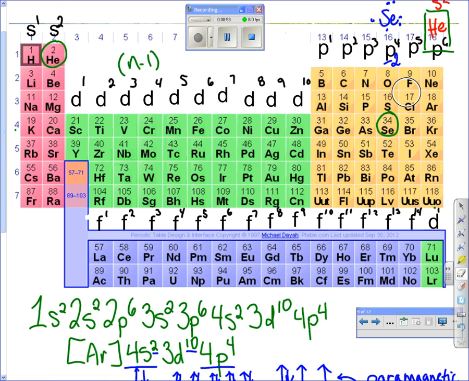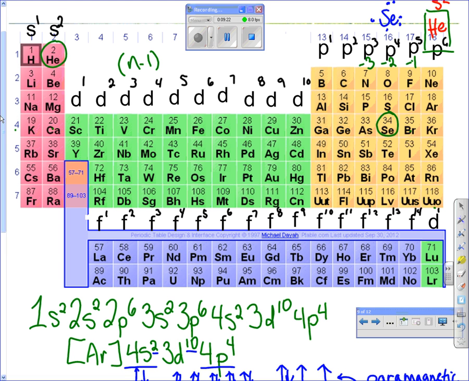So I know that if Br, which is 35, gains 1 electron, that it can also have 36 electrons. And so you're going to see that there's kind of a family for isoelectronics. So Se is -2, Br is -1, Kr all have 36, As is -3. 33 plus 3 is 36. 34 plus 2 is 36. 35 plus 1 is 36.